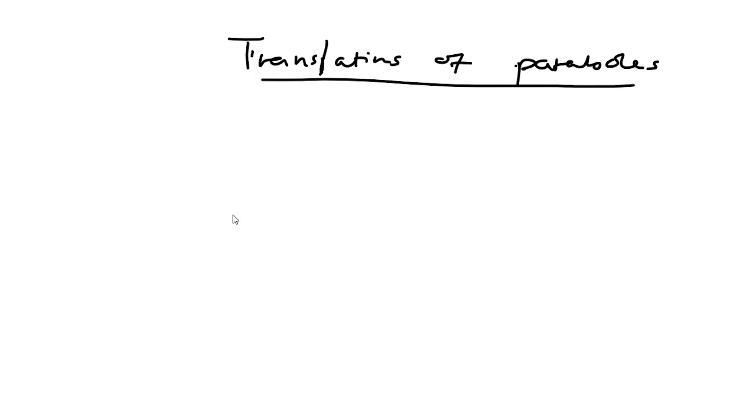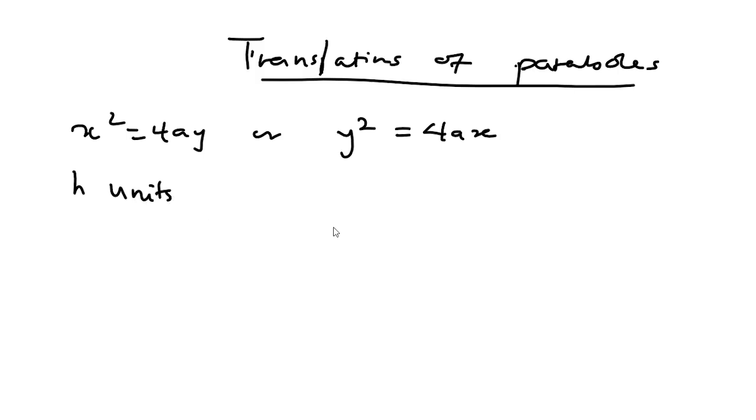So when a parabola with the equation, let's say x squared equal to 4ay, or y squared equal to 4ax, is translated horizontally by h units and vertically by k units, the vertex of the parabola moves from the origin, which is (0, 0), to the new vertex (h, k).